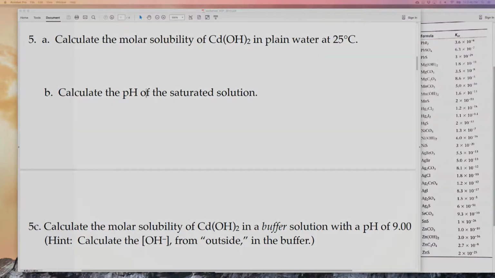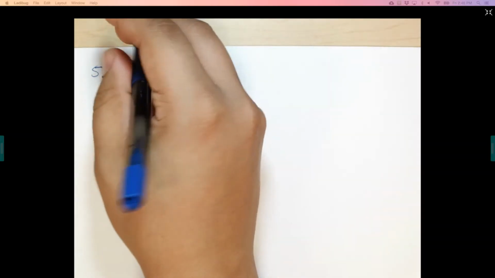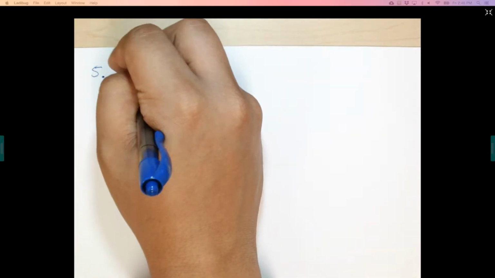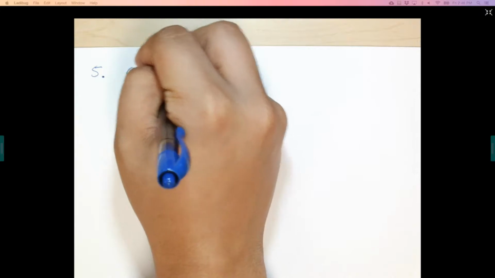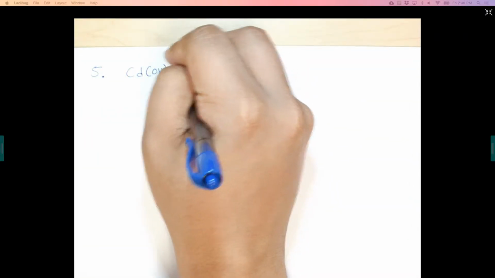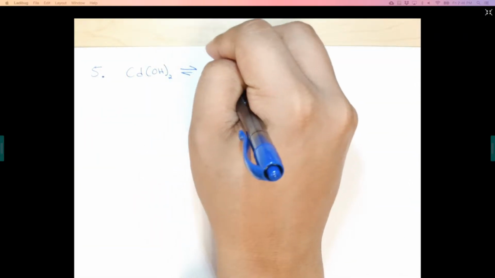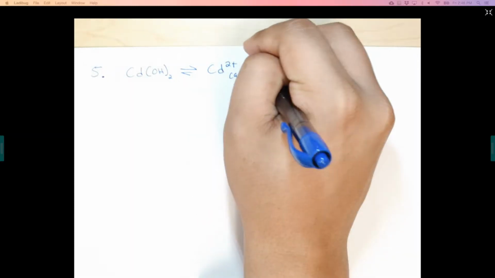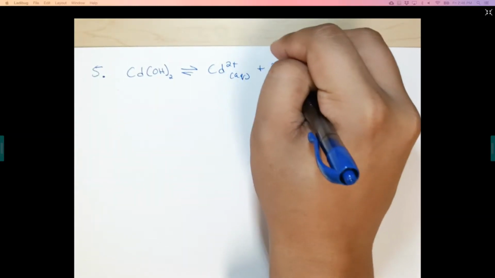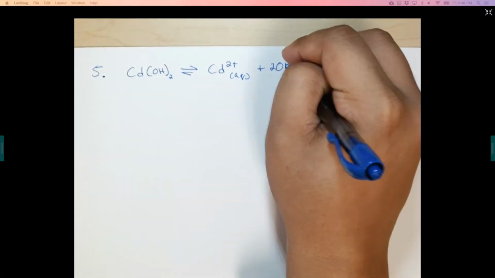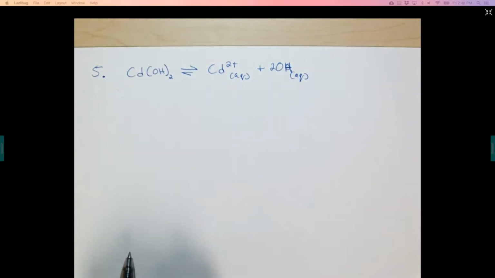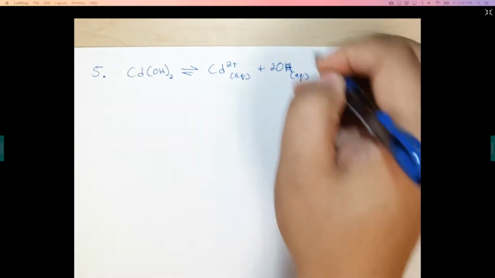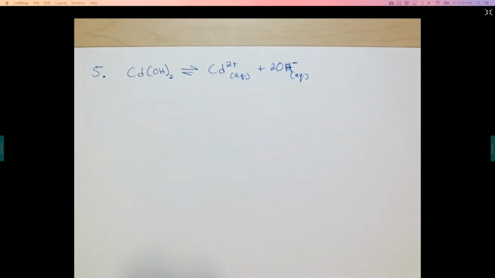Okay, so if we remember anything about our equilibrium of slightly soluble salts, we remember that we're dealing with an equilibrium expression that involves two hydroxides and one cadmium ion, where each of these hydroxides is negatively charged, right?